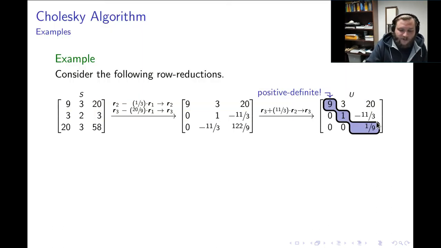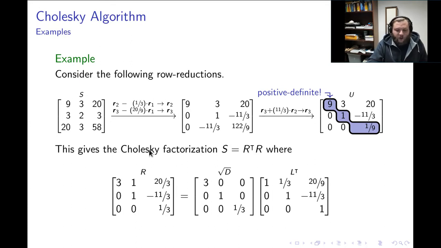Well, remember, our formula for R in S equals R transpose times R is R equals the square root of D times L transpose. D here is the diagonal matrix whose diagonal entries consist of the pivots in U. So D would have diagonal entries 9, 1, and 1/9.